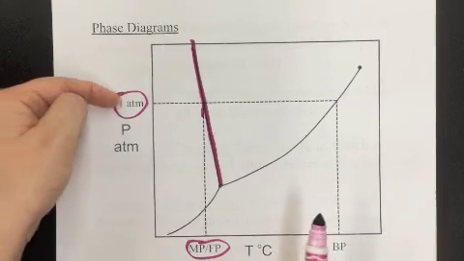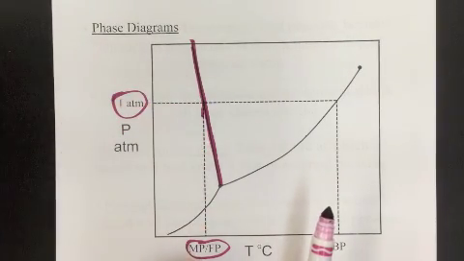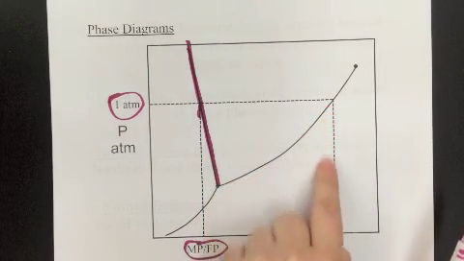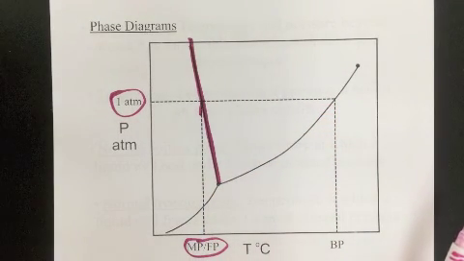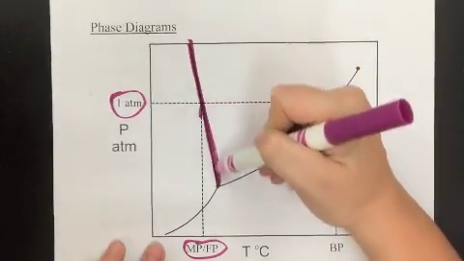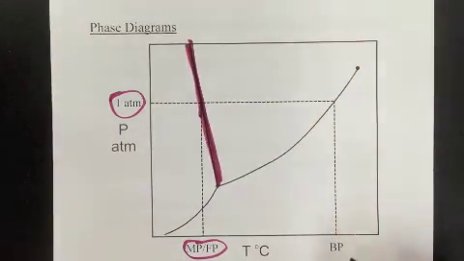So you find 1 atm, find where it crosses this line, and you get that point. Also at 1 atm, if you keep on going and cross this line, whatever temperature is here gives you the boiling point.